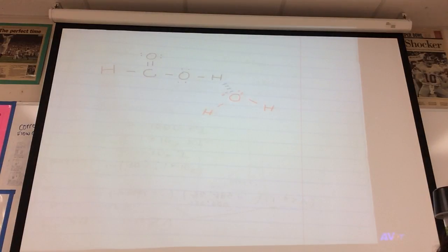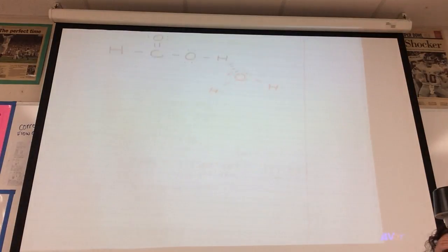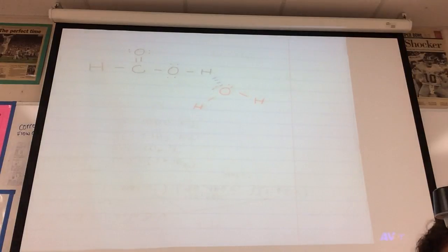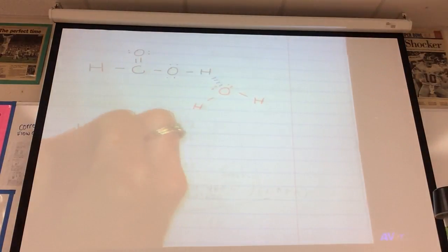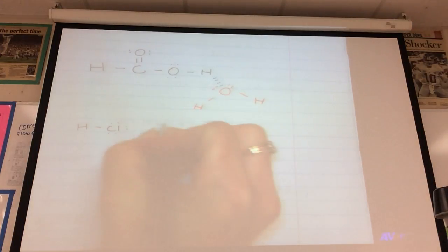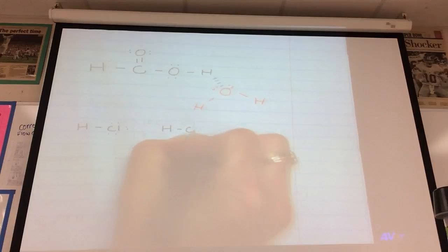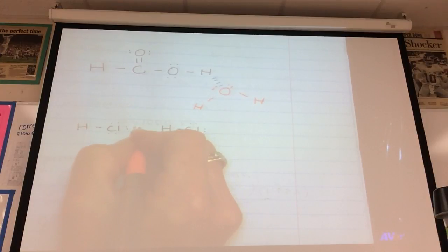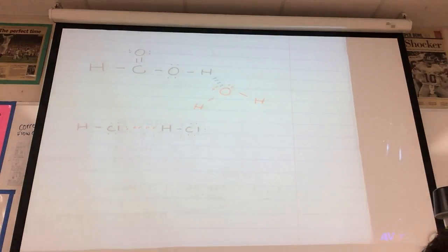Could they ask you to draw a dipole-to-dipole interaction between 2 molecules? If they asked you to draw a dipole to dipole, they would have to be the same molecule. But it'd be easy if they were.